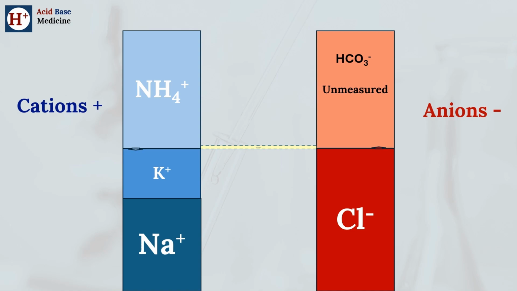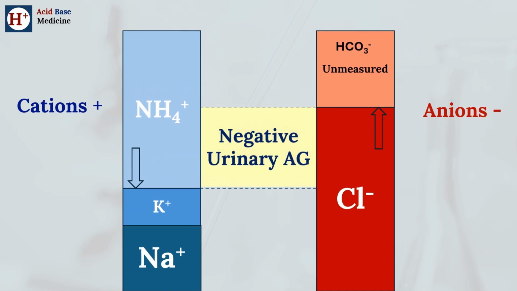The negative urinary anion gap indicates an increase in renal ammonium excretion, which corresponds to an increase in chloride excretion, suggesting an extrarenal cause, such as gastrointestinal bicarbonate loss, for example diarrhea, or proximal renal tubular acidosis, RTA, where renal distal acidification is intact.